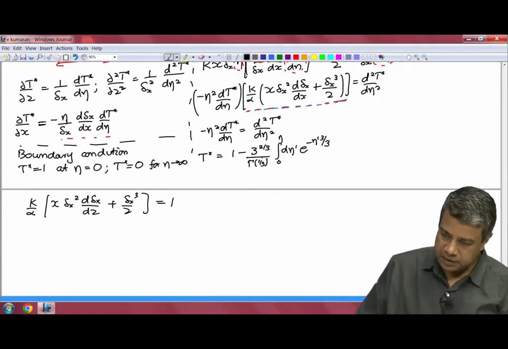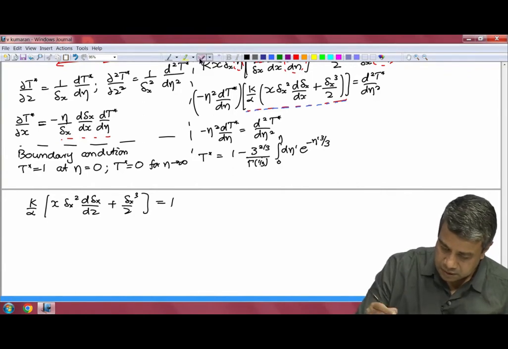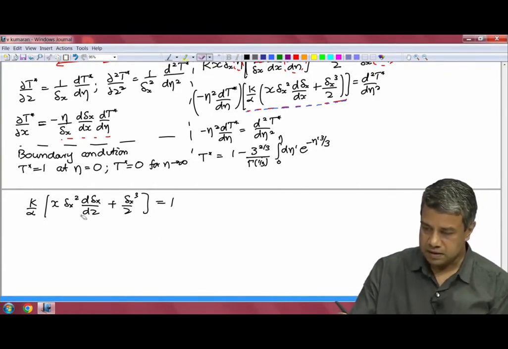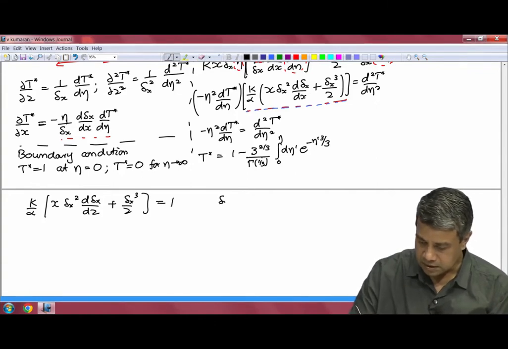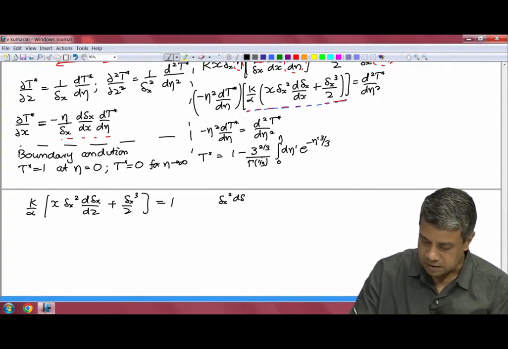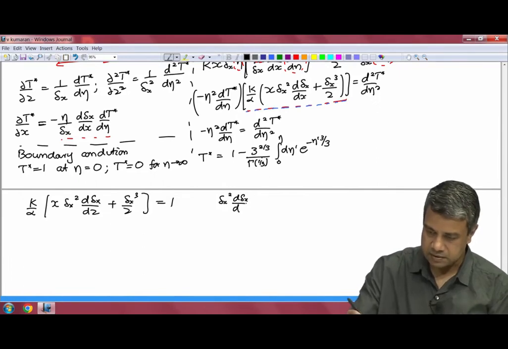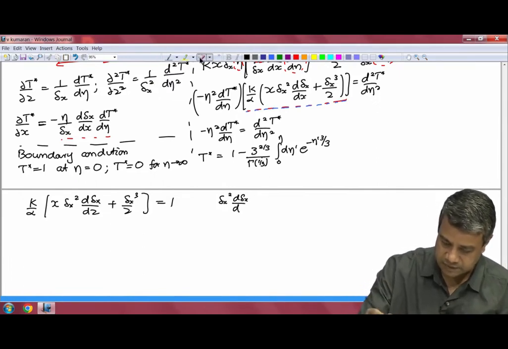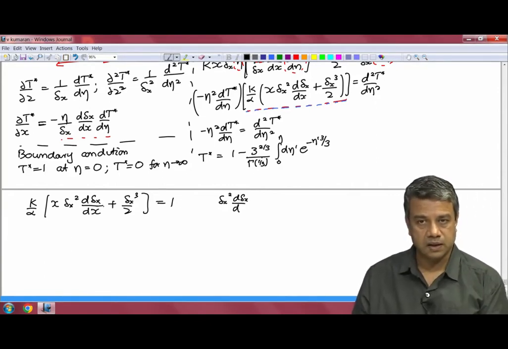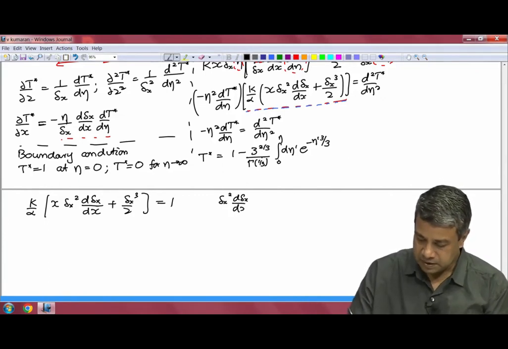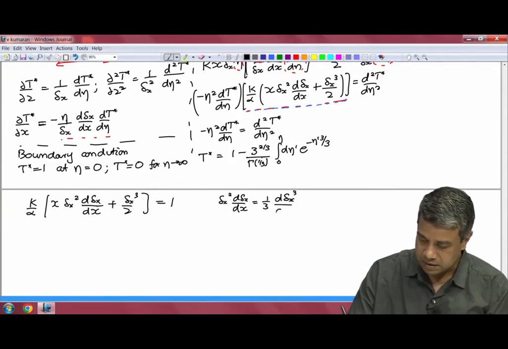Delta x square d delta x by, I am sorry, this is x here, I have made a mistake here. The boundary layer thickness varies with the streamwise coordinate, which in this case is equal to the x coordinate. This I can write as 1 by 3 d delta x cubed by dx.